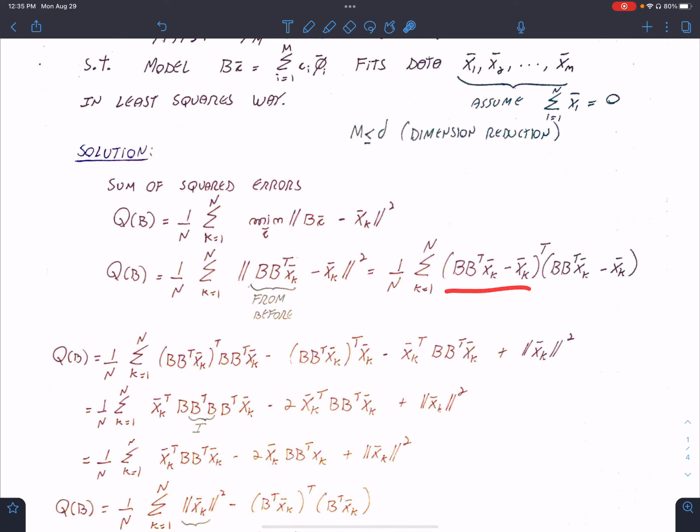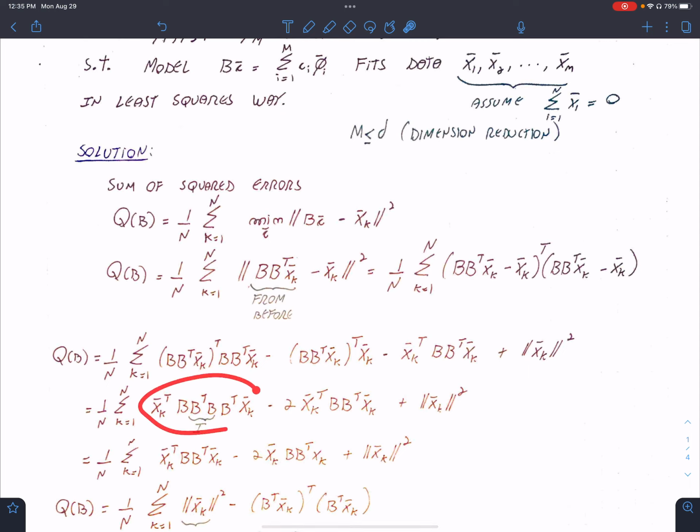And here we have these two vectors. And of course I can take this vector here and put the transpose inside. When I bring the transpose inside, I have to reverse the order of all these vectors and matrices, and I end up with this reversed order here, and the vector x transpose on the other side.